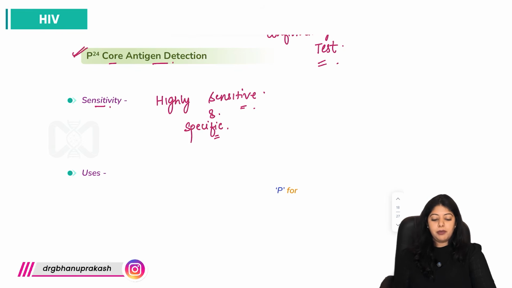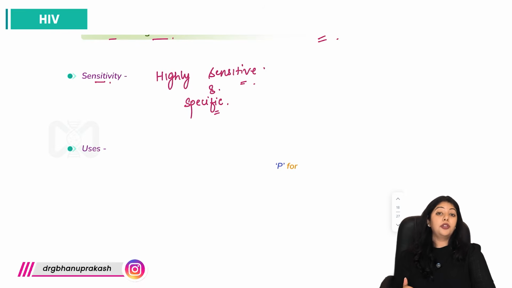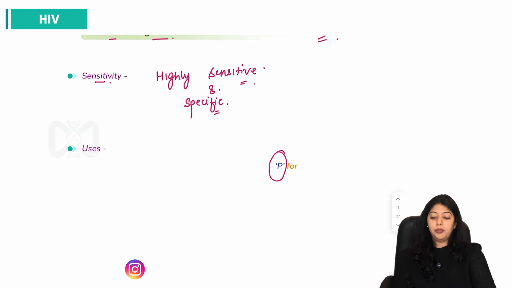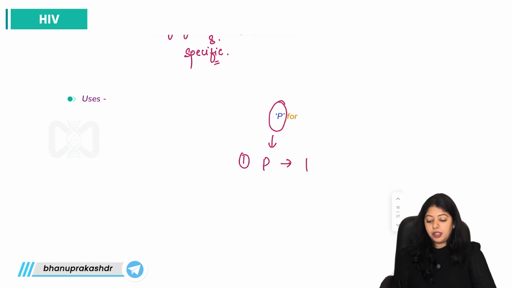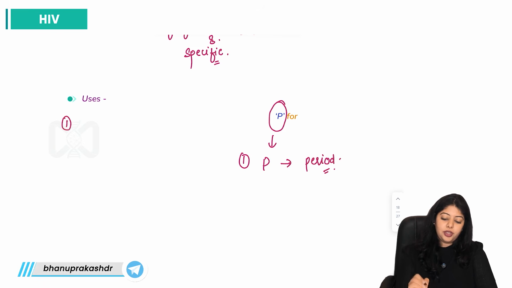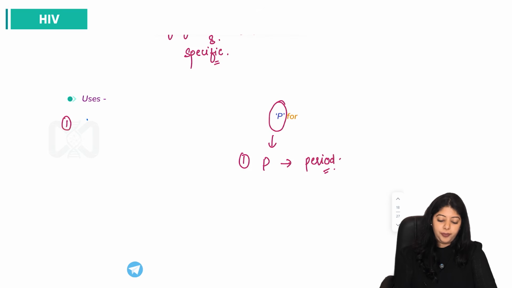Now for you to remember the important uses of P24 core antigen, remember P for a number of things. Number 1 is P standing for period. As already discussed, P24 core antigen is very useful in window period.